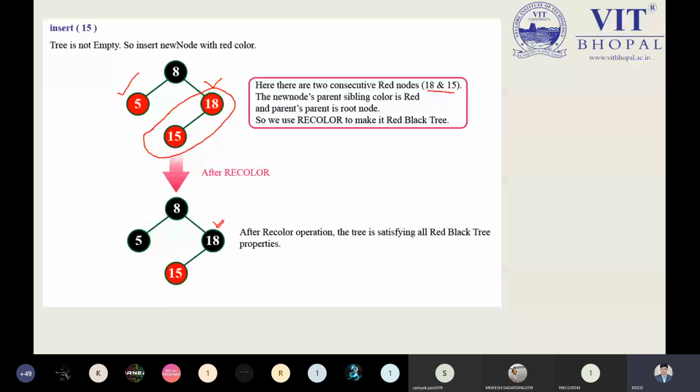After inserting, it is noted that 18 and 15 are in continuous manner, both red, and that is not possible. So what is the idea? It is better to change the color of 18. Now this is already balanced as well as following the properties, so definitely we can say 18 can be colorized black.